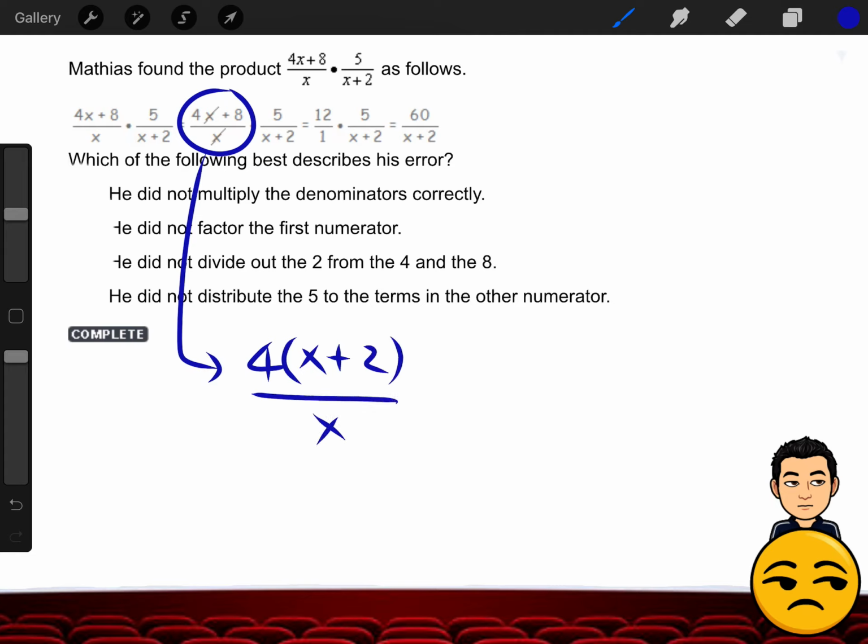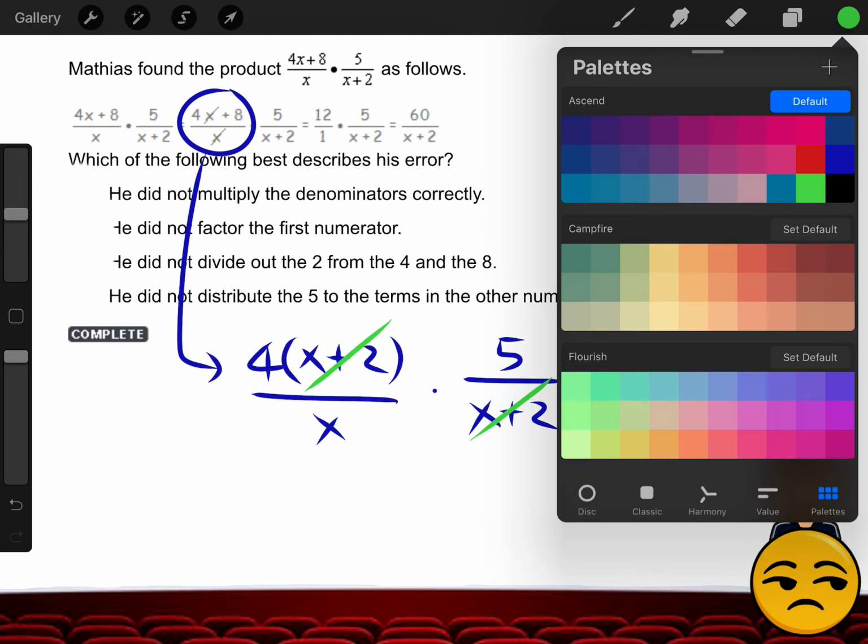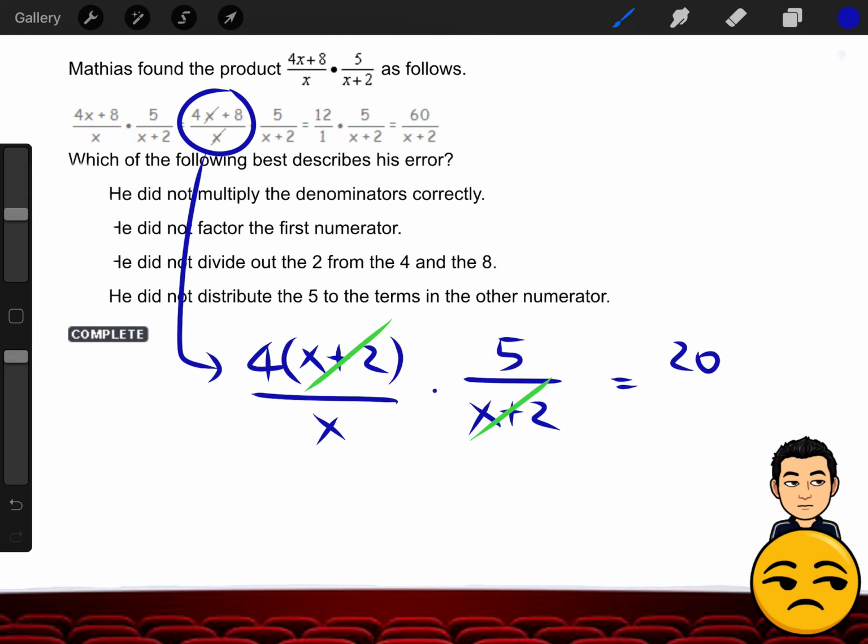And you can't even factor that. Okay, so what I'm going to show you is the actual answer. You're supposed to factor out the x plus 2 and end up getting 20 over x. Okay, anyway, so the one you want to choose is going to be letter B, or second choice.